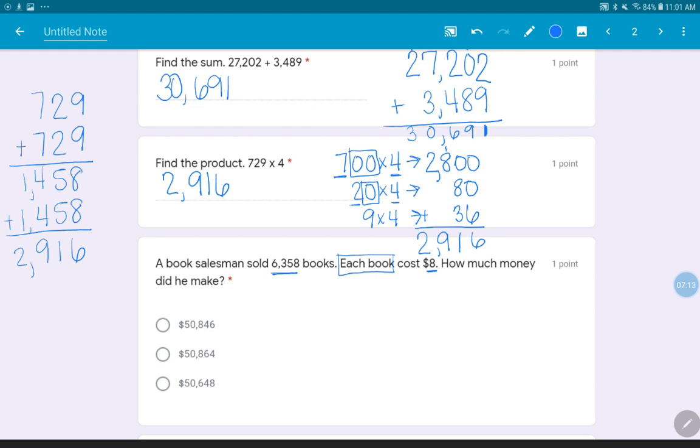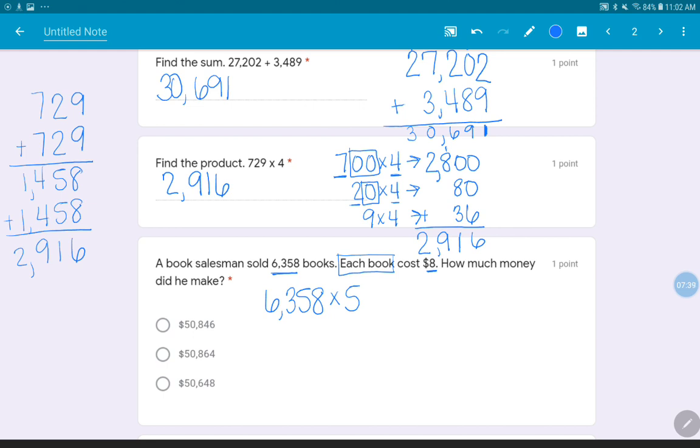All right, so what strategy did you use to multiply? I did 6,358 times 8, and I got 50,866. Okay, so how did you get your answer? What did you do? I did 8 times 8 is 46. 8 times 8.